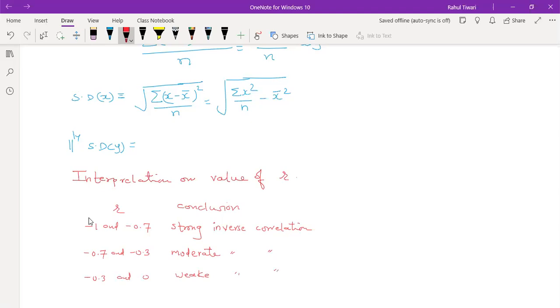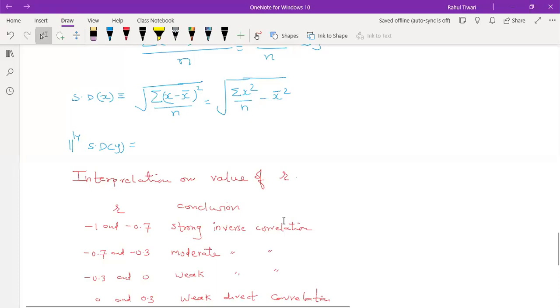If it is between 0 and 0.3, it is a weak direct correlation.